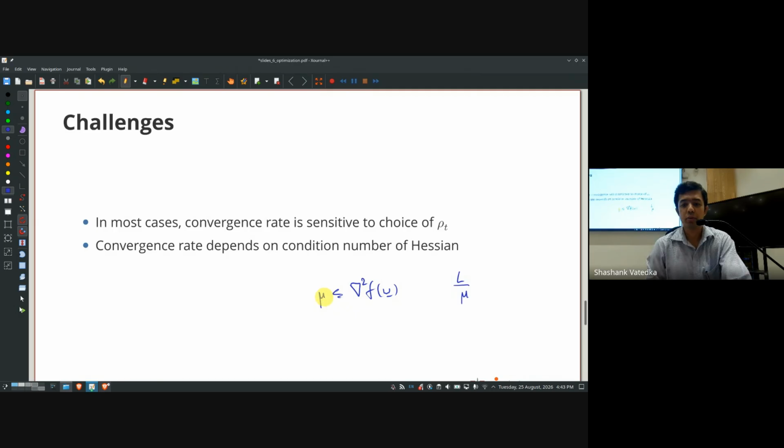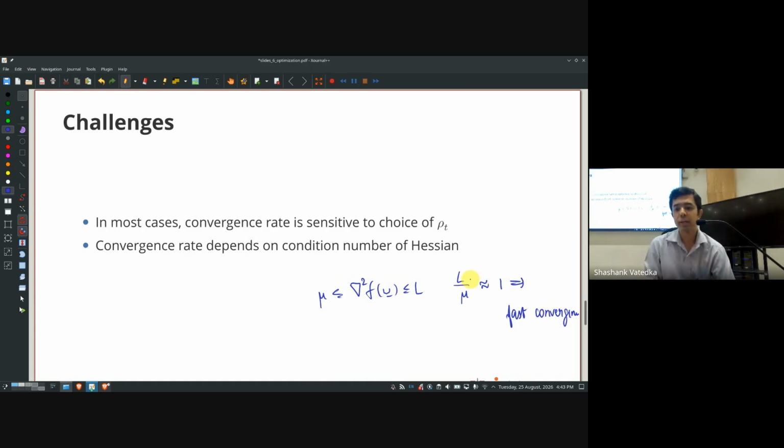This was greater than or equal to mu and less than or equal to L, for every point W. So if L and mu are close to each other, that is, the condition number L by mu is close to 1, then convergence is fast. If not, the convergence can be very slow.